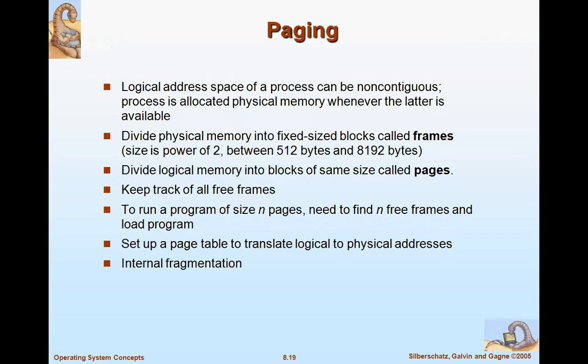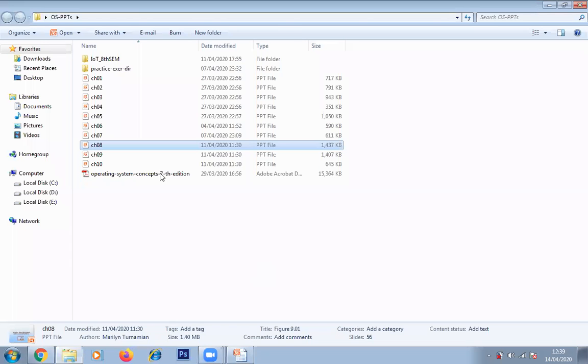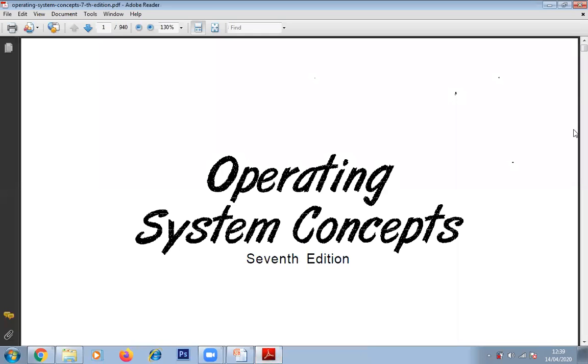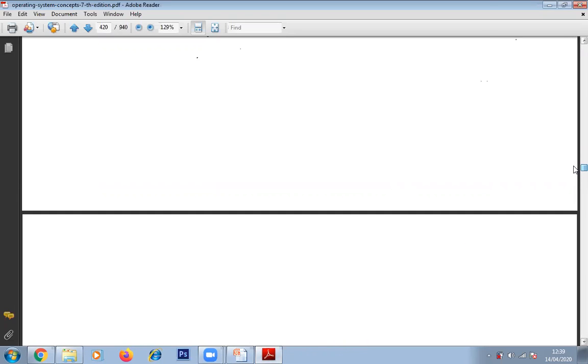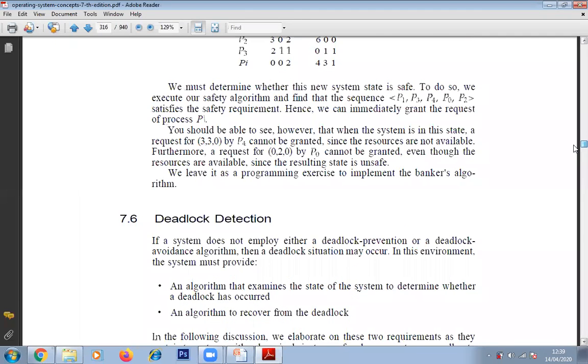So I think you got clear on that. This is the memory management unit. Let me open the textbook and I'll give you the perfect definition which is there in the textbook.